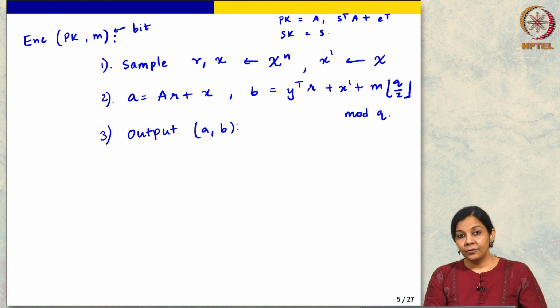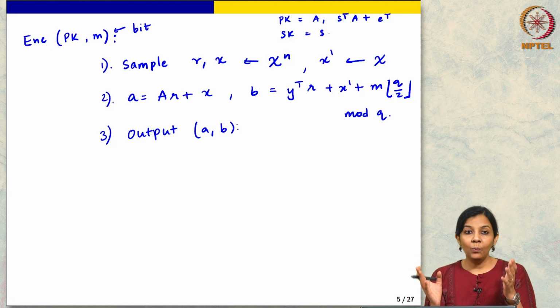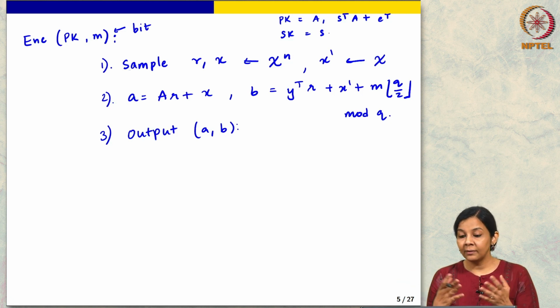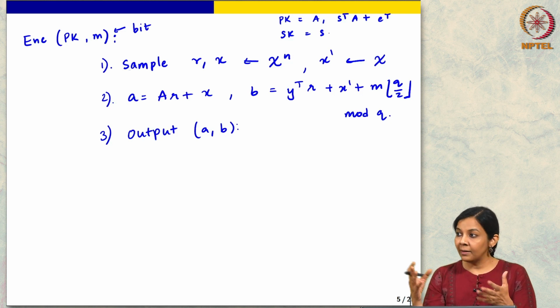All right. So, what did we do? We generated more LWE samples. Our public key was already an LWE instance, right? The secret key was the LWE secret, no prizes for guessing that. The ciphertext is LWE samples generated with respect to the public key. So now the public key is itself a matrix and a vector.